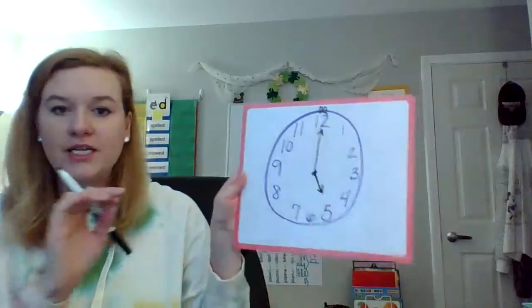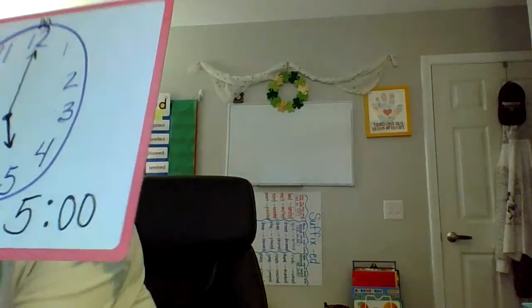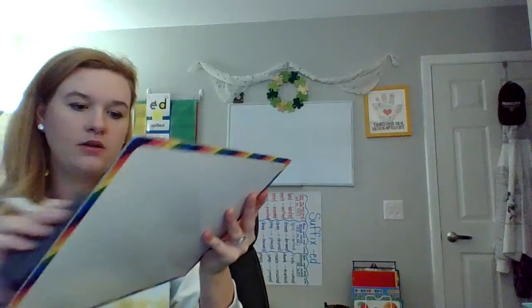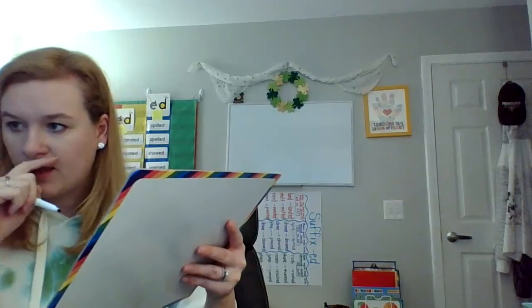Alrighty, so our digital time for this is 5 o'clock. Okay, digital form is 5 o'clock. Let's try another one. Yep, there you go, Bristol. Turn that on, Aubrey, so I can see your work. Cameron, did you go find a pencil or a pen?